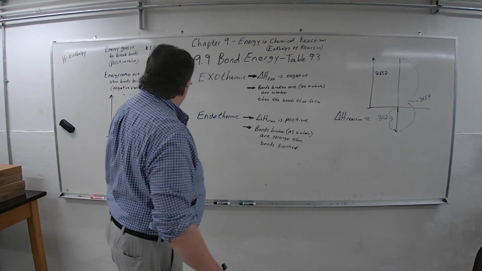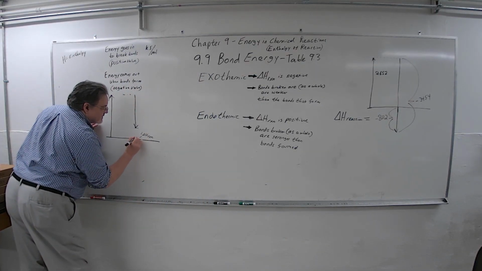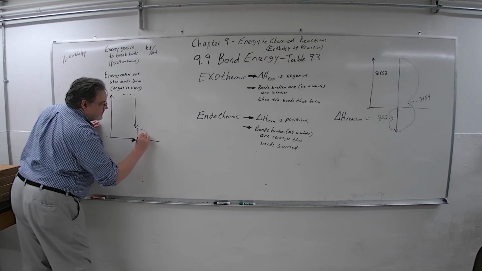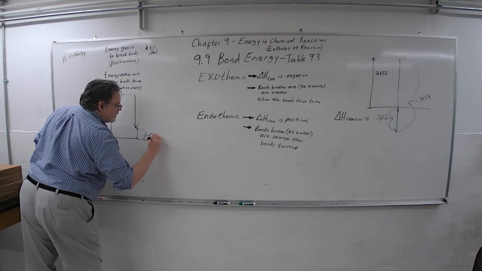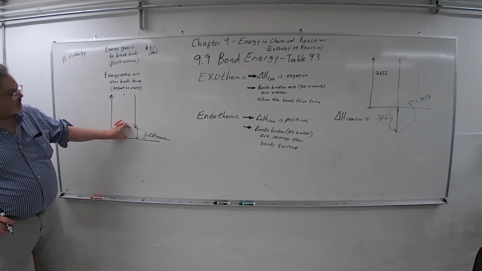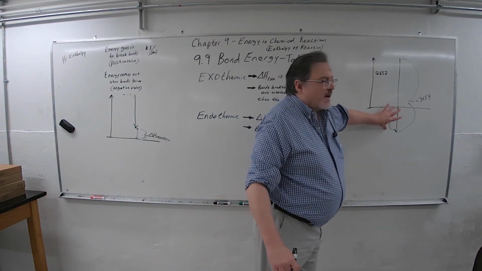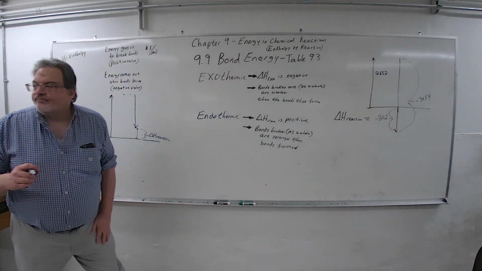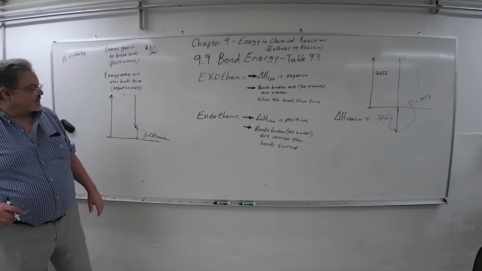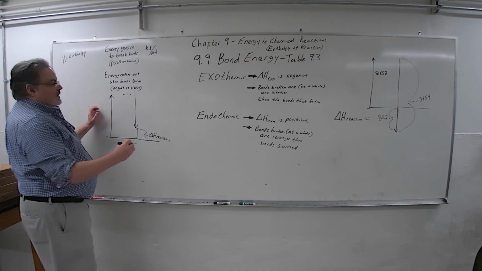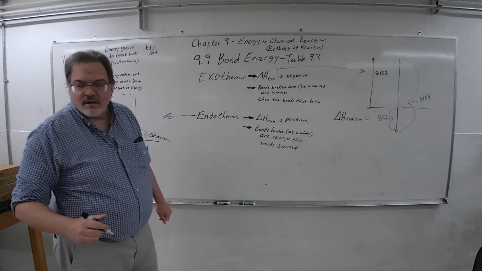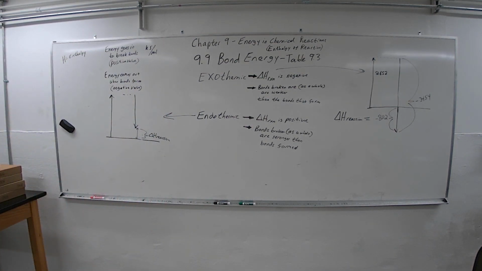That's the delta H. And in this case, the delta H is this distance. So this one's positive by a little bit, and this one's negative by a little bit. So I could put another reaction up there that's endothermic, and we would go through the whole thing, and we would find out that the delta H is positive. This is endothermic. This one is exothermic. If you wanted a diagram. That makes sense?